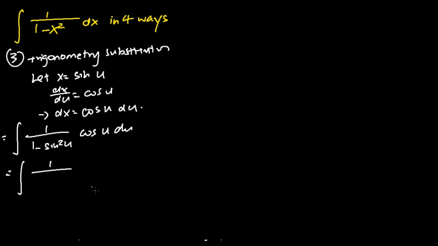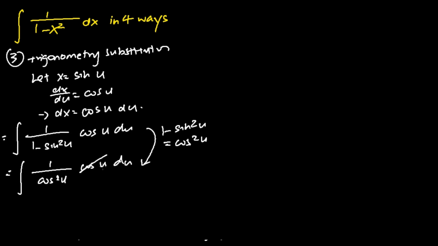This is also the same as the integral of 1 over cosine squared u, times cosine u du. From here to here, I'm applying the trigonometric identity that 1 minus sine squared u equals cosine squared u. This is the Pythagorean trigonometric identity. So my numerator is cosine u, my denominator is cosine squared u.